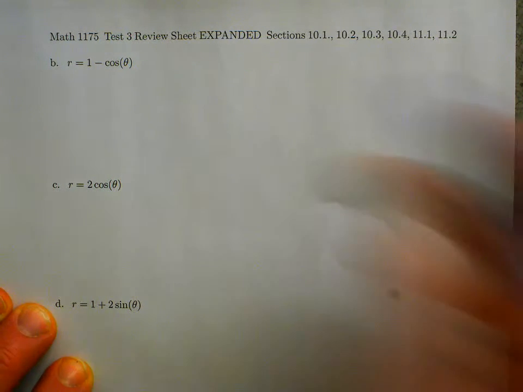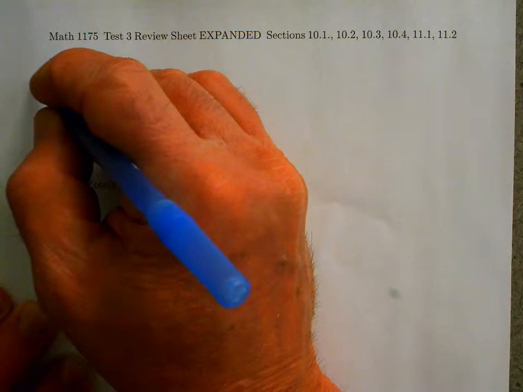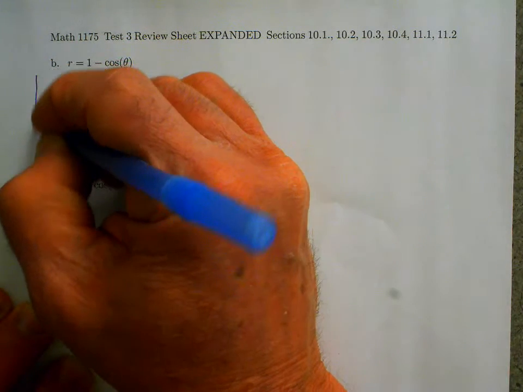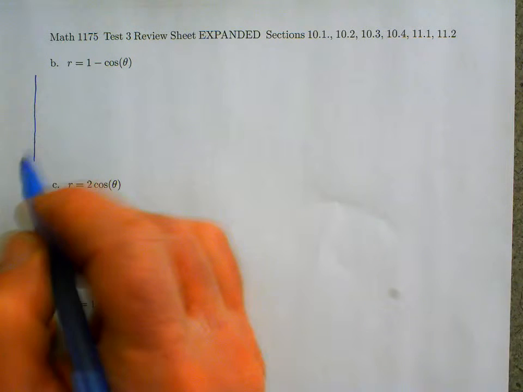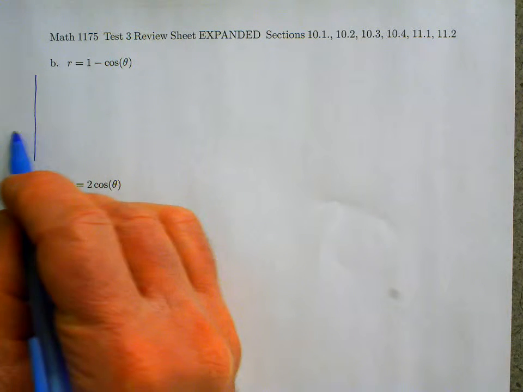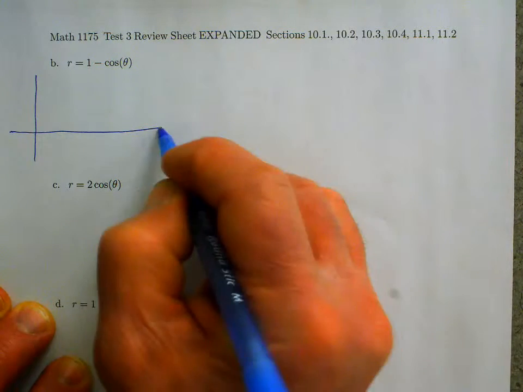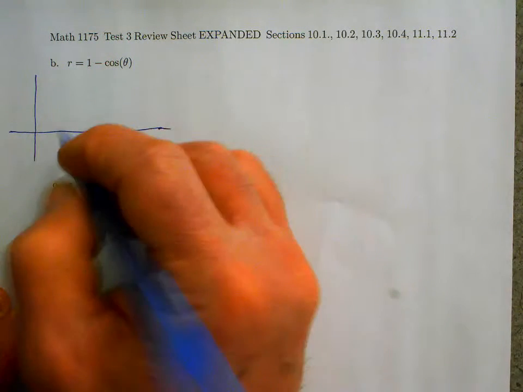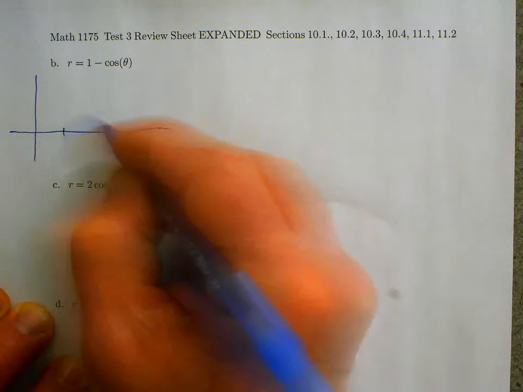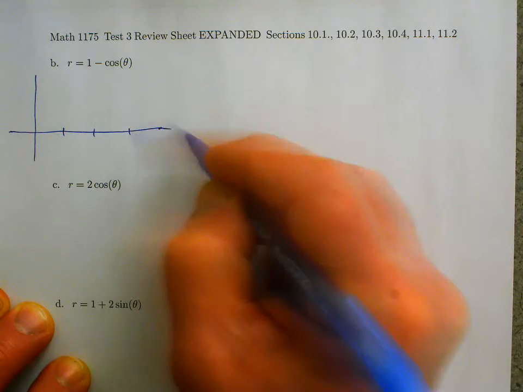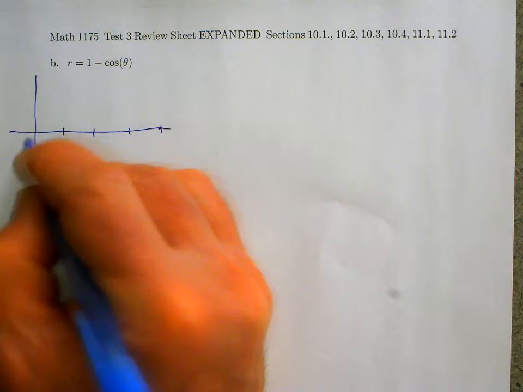First, we'll sketch the Cartesian graph. One period will be from 0 to 2 pi this time.